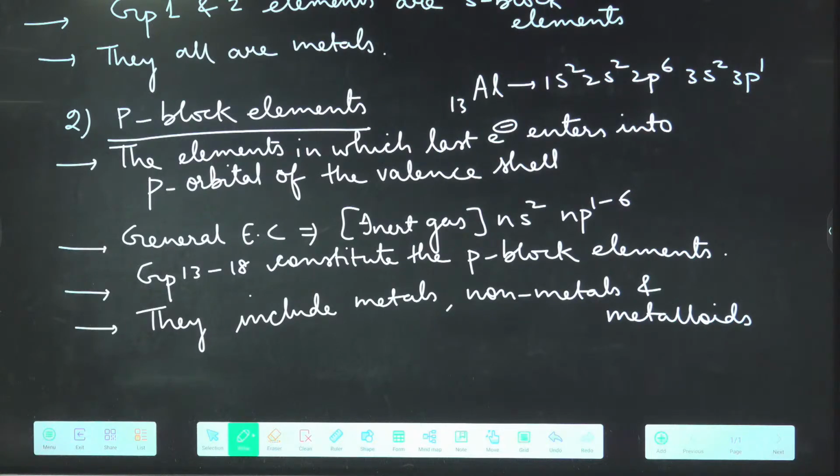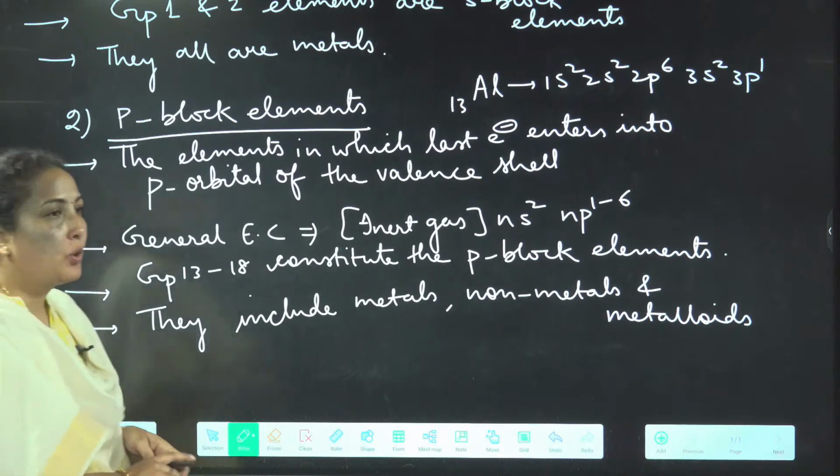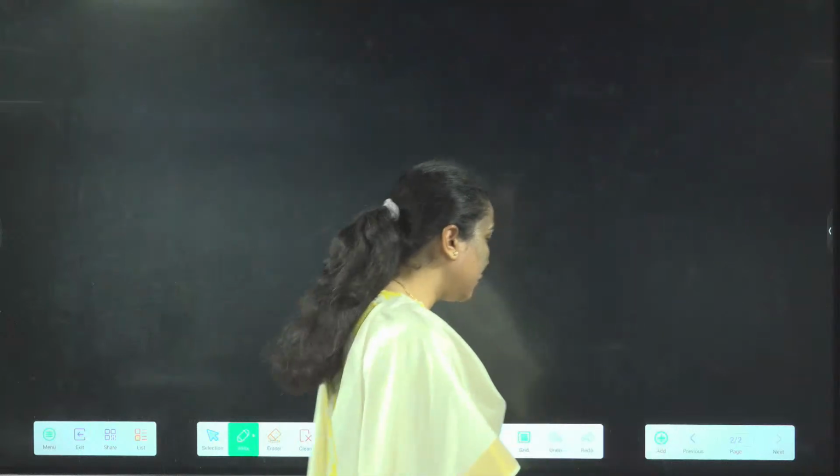EC is electronic configuration. Okay, hopefully people have written. So we'll move on to the next one.